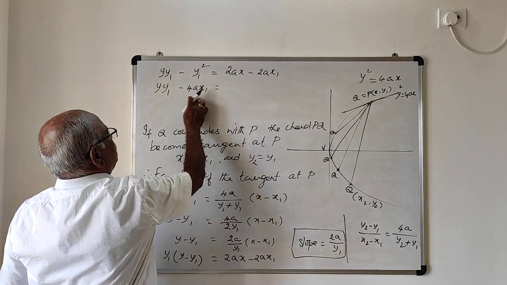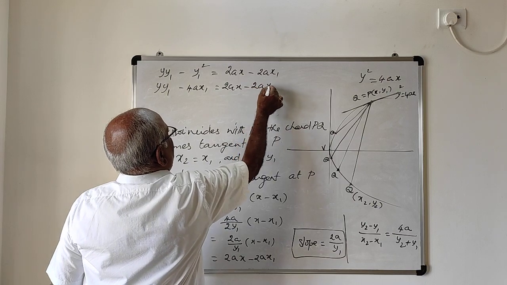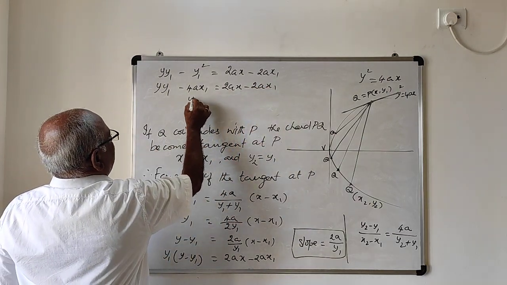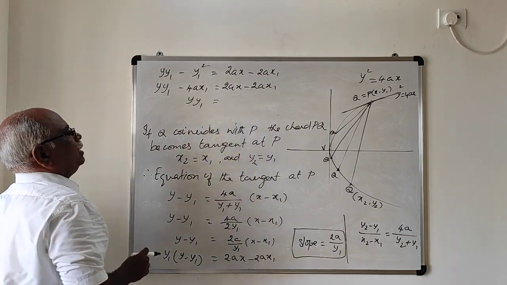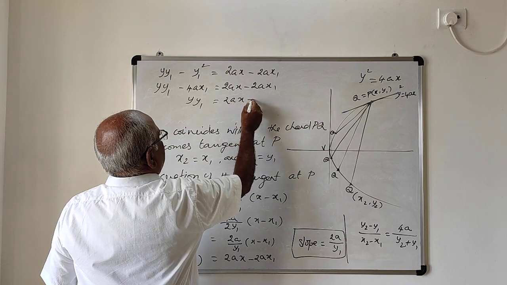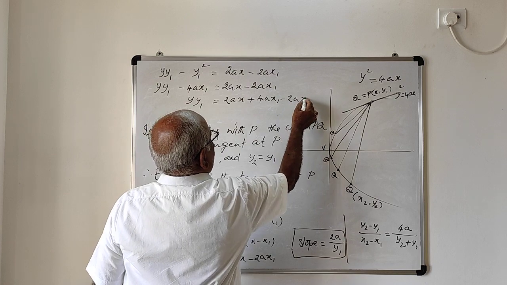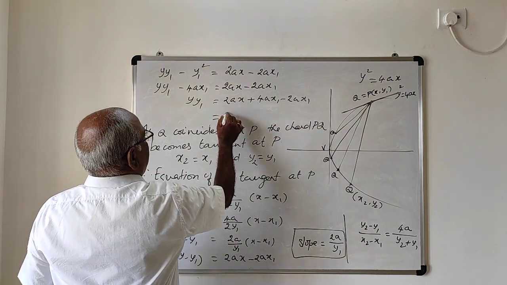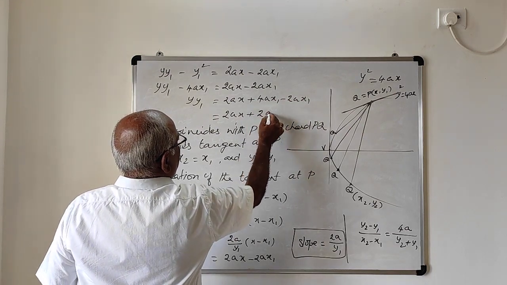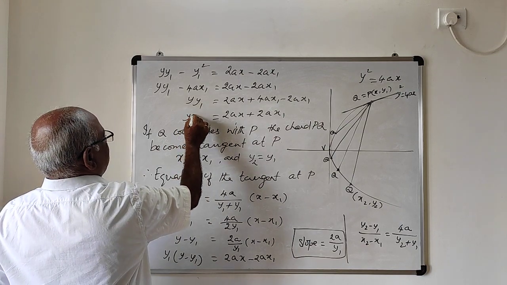So y1 square is replaced by 4ax1. You keep y1 y on the left hand side itself and bring this 4ax1 to the right hand side. This is 2ax plus 4ax1 minus 2ax1, which is 2ax plus 2ax1. So y1 y equal to 2ax plus 2ax1.